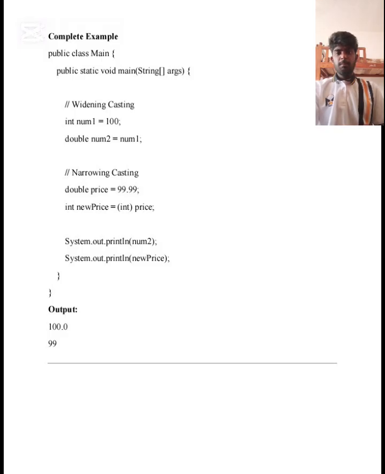The decimal part is removed. Therefore, the second output is 99. So this single example demonstrates both widening casting and narrowing casting.